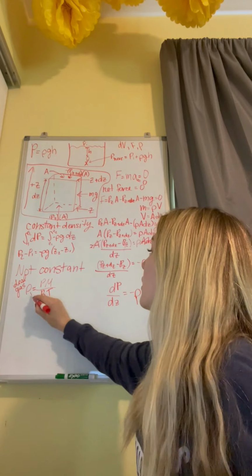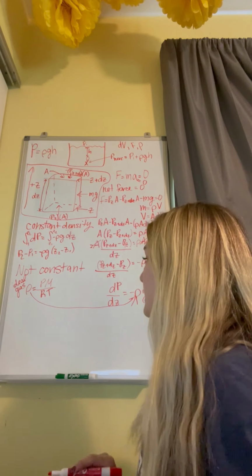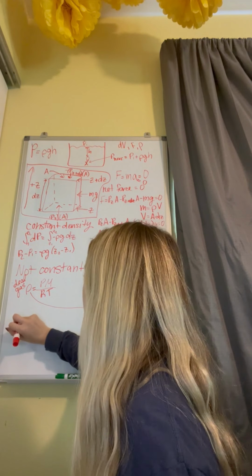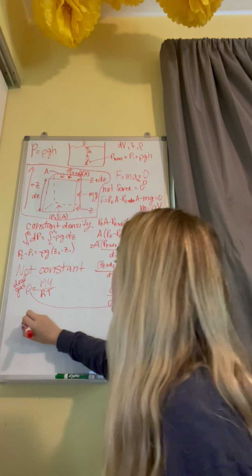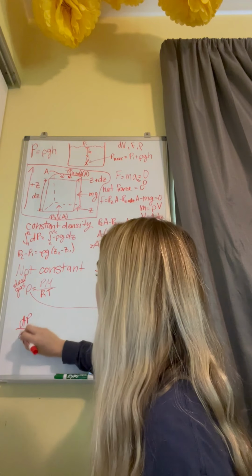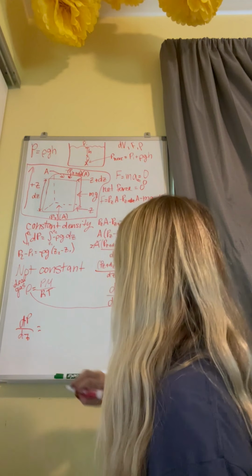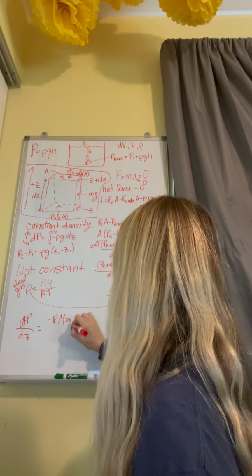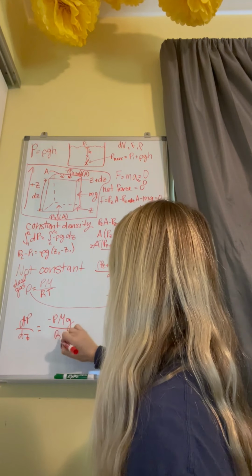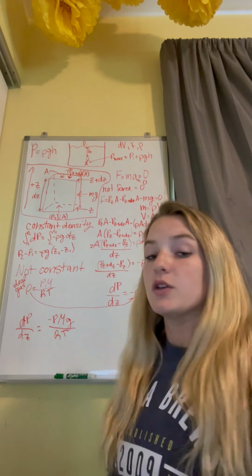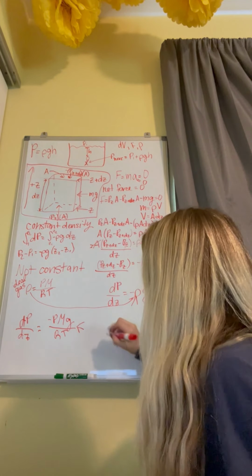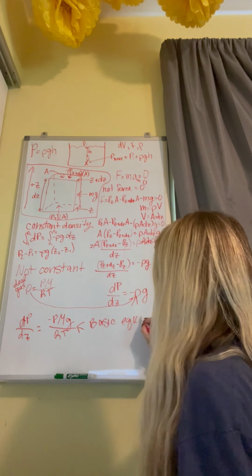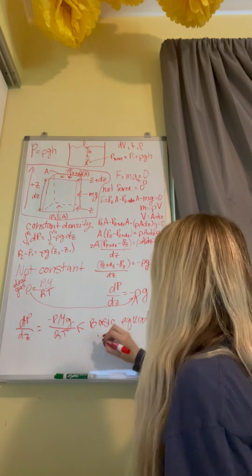So if we are to plug this new rho in there, we are going to get dP over dz is equal to negative pressure times mass times gravity divided by R times temperature. So this is our basic equation of statics.